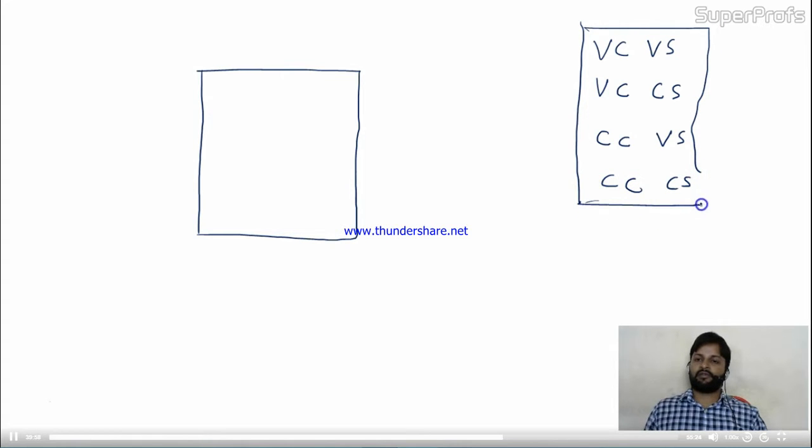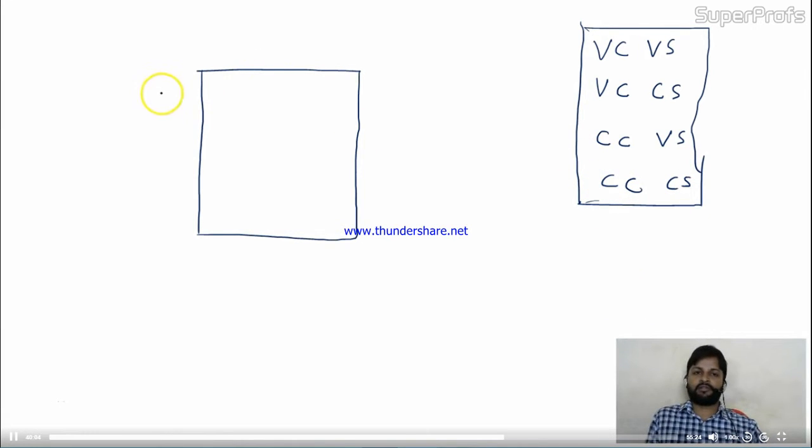And for all these amplifiers, the input and output resistances are different. Earlier I told you, at the input stage only two possibilities are there: it may be voltage control or current control.